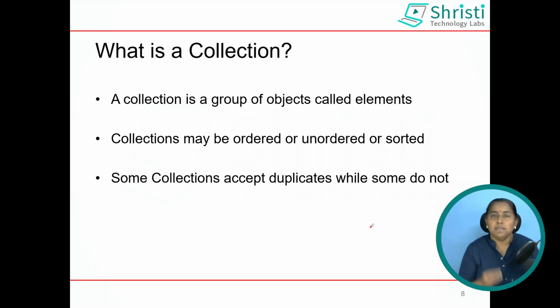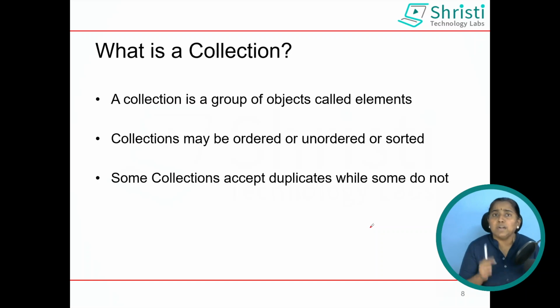For example, a group of employee objects which is considered as employee collection. A group of student objects which can be considered as student collection. A collection can be unordered, ordered or sorted.